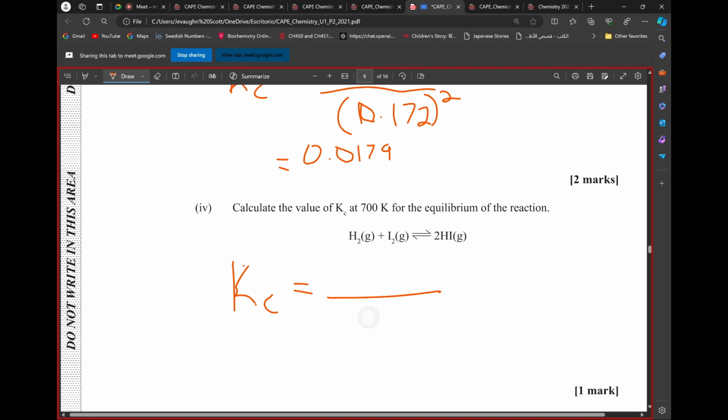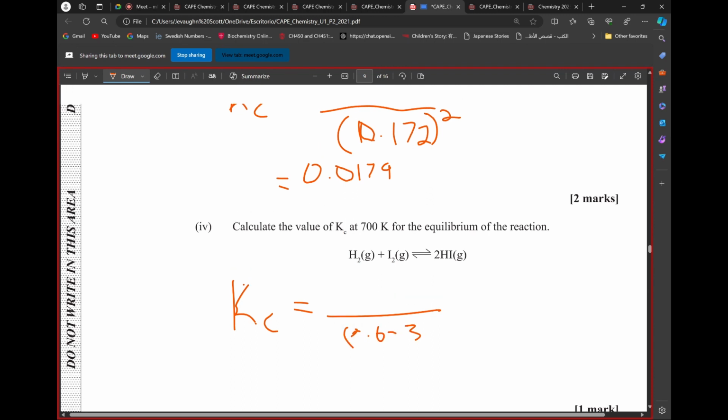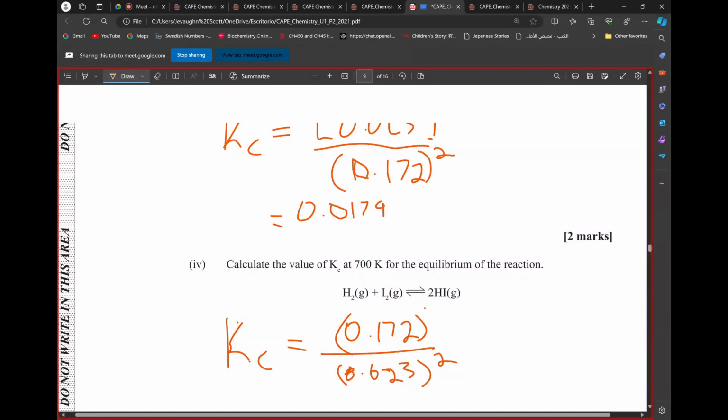So what we have is 0.023 squared, and then on top we have 0.172 squared. And what's going to be our answer? 55.92.